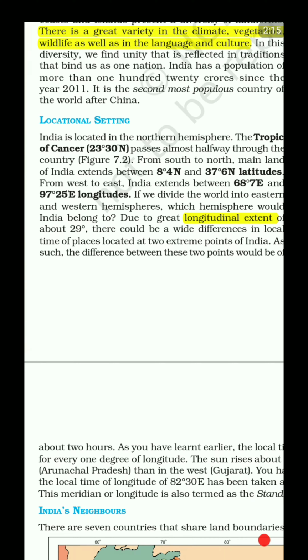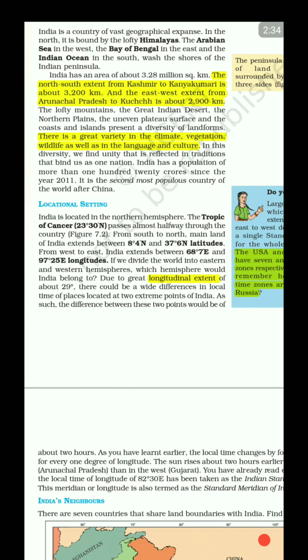The question is, as I was talking about the evenness aspect, roughly it's 30 degree both ways, right? But still, why is the north-south extension greater? It's around 3200 kilometers, right? This is because, for the simple reason that as we go away from the equator, the distance between the longitudes decreases, and it's zero at the poles, right?